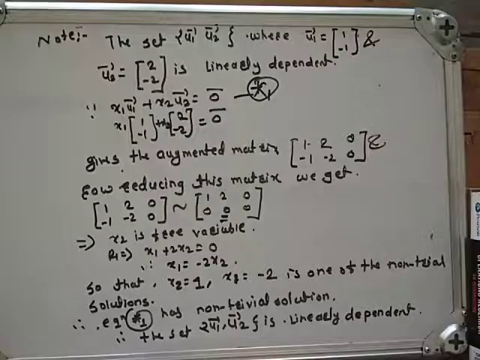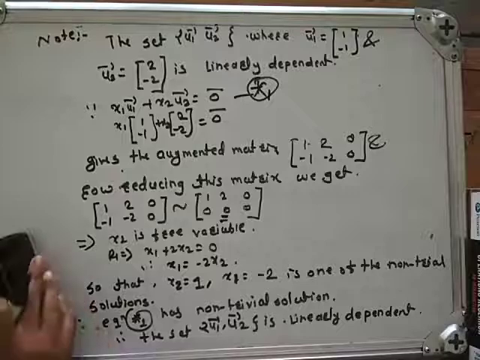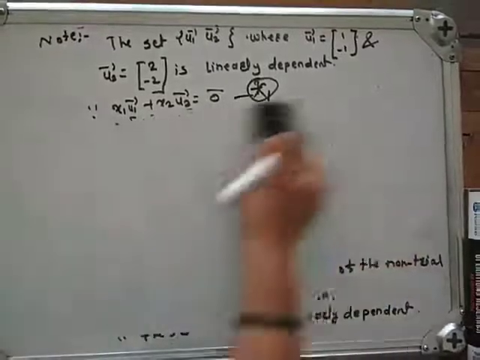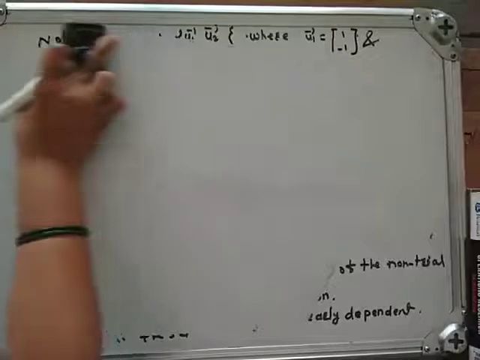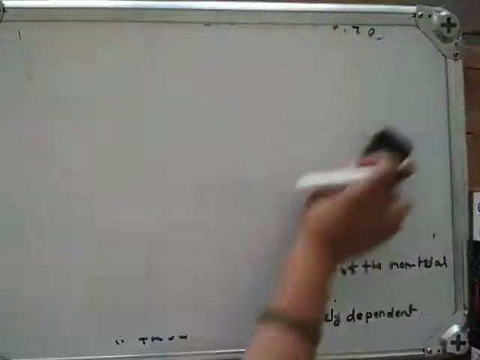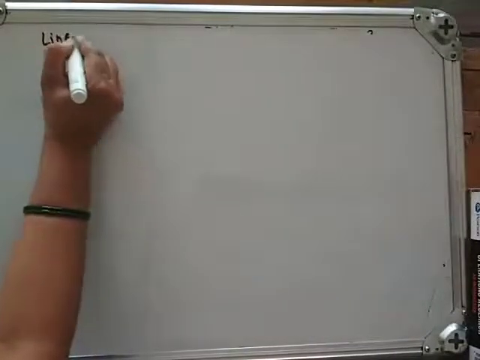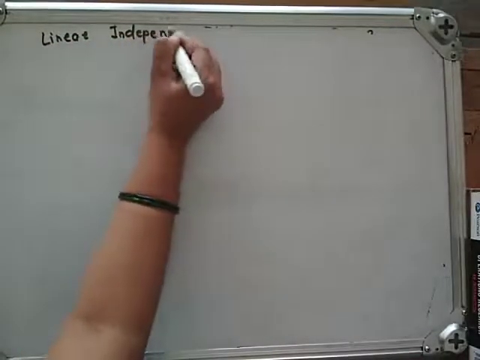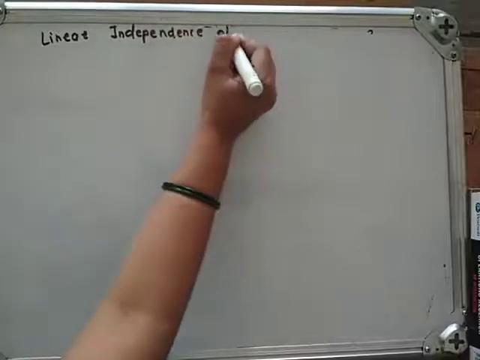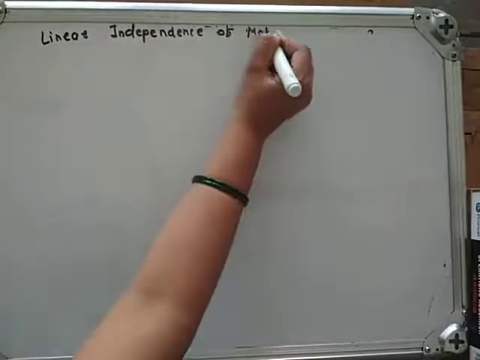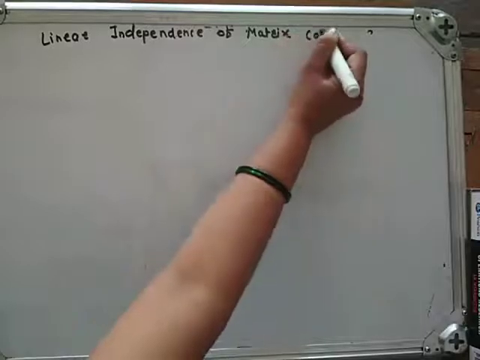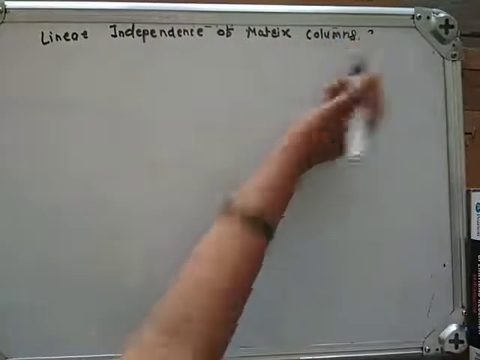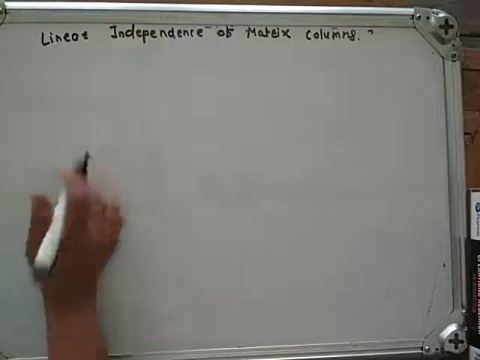Okay. Let us take the next definition. Linear independence of matrix columns.